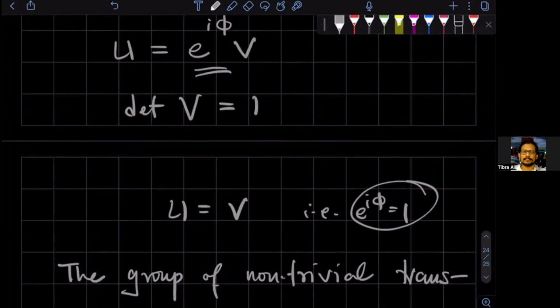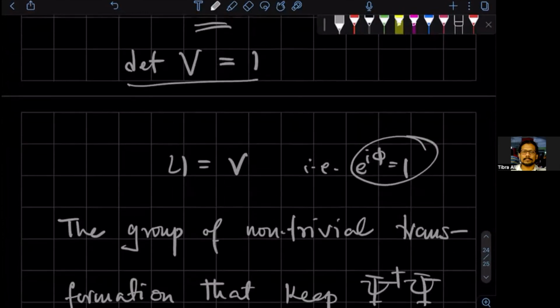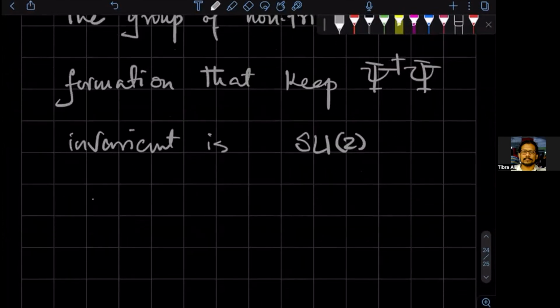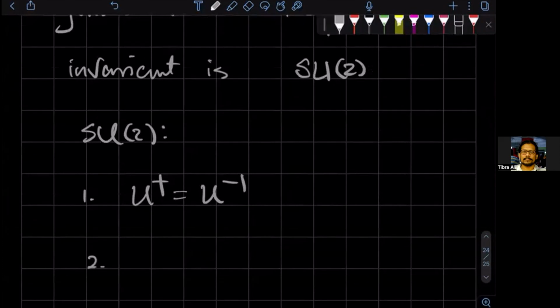The S means its determinant is 1. So SU2 matrices are matrices which are unitary and their determinant is 1. Okay, so this is the definition of the SU2 group.